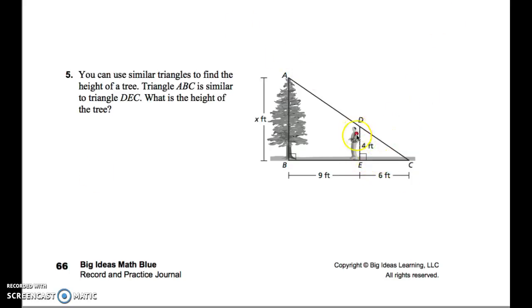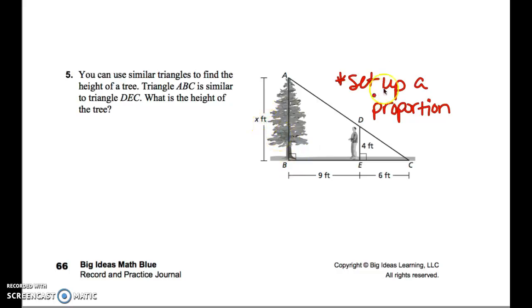So what we do to figure out the height of the tree, and I want you to write this note over here, we have to set up a proportion, which we did quite a bit whenever we talked about similar figures before. So remember, a proportion is 2 fractions that are equal to each other.